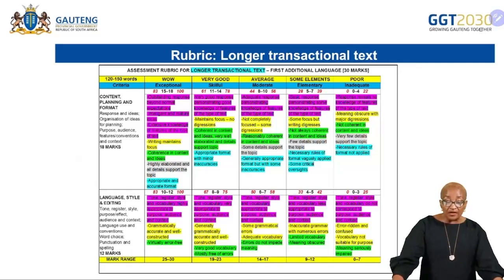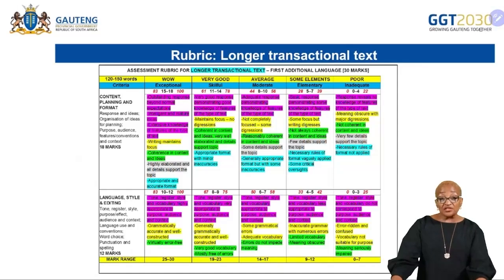Herewith is the rubric for a longer transactional text. We've got the top part there, which addresses content, planning, as well as format. And then we do have the lower part, which addresses the language, the style, as well as editing. I would love to believe that you are familiar with the rubric. When you look at that, you can see that we do have different categories.